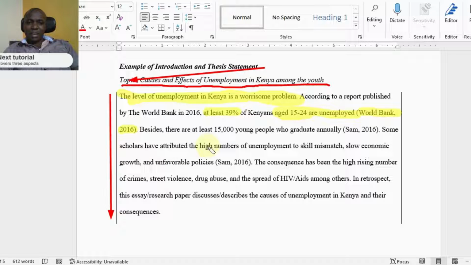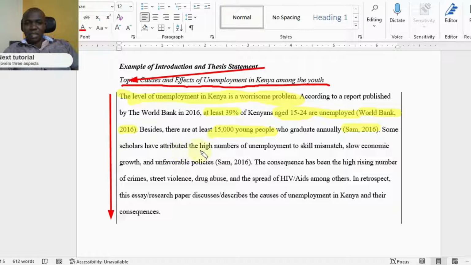Besides, there are at least 15,000 people, this is still my context, who graduate annually according to SAM now. SAM 2016 says there are at least 15,000 youths in Kenya who graduate from different colleges and universities every year.